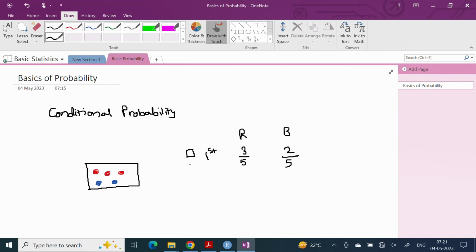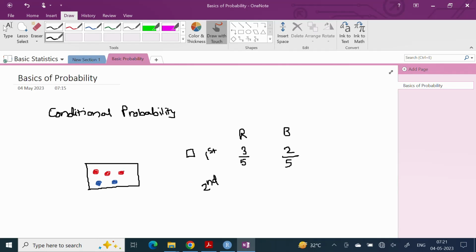Now, if I keep that first ball aside, then what happens? If at the second try I want to compute the chances of getting a red ball, how do I do that? I will have to look into the color of the first ball.